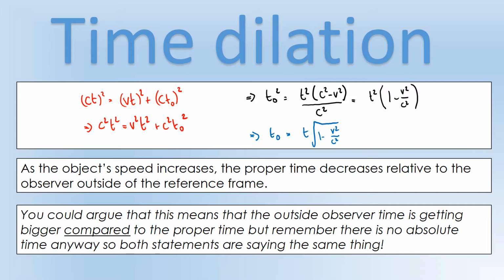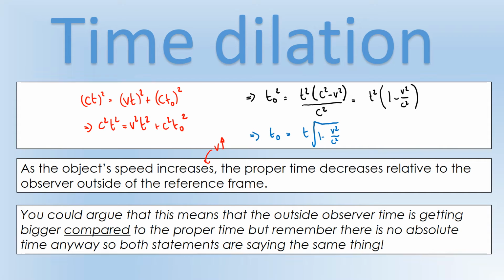What we can see from this equation is that as the object's speed increases, so that's essentially what that means in here, as v is going upwards, the proper time decreases relative to the observer outside the reference frame. So essentially this v squared over c squared term is becoming bigger, but always less than 1, because v has to be always less than c.